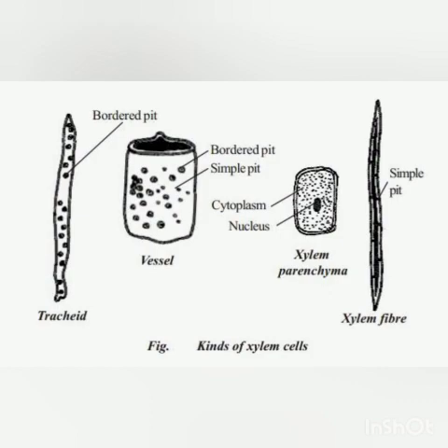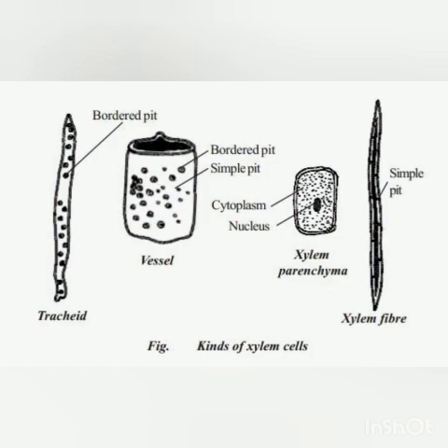I have told you at the beginning, if any cell has a thick wall, it means the cell is dead. Understood? These tracheids and vessels have thick walls and are generally dead. When they are young they are living, but as they mature, there is a deposition of some material in the walls and they become dead.